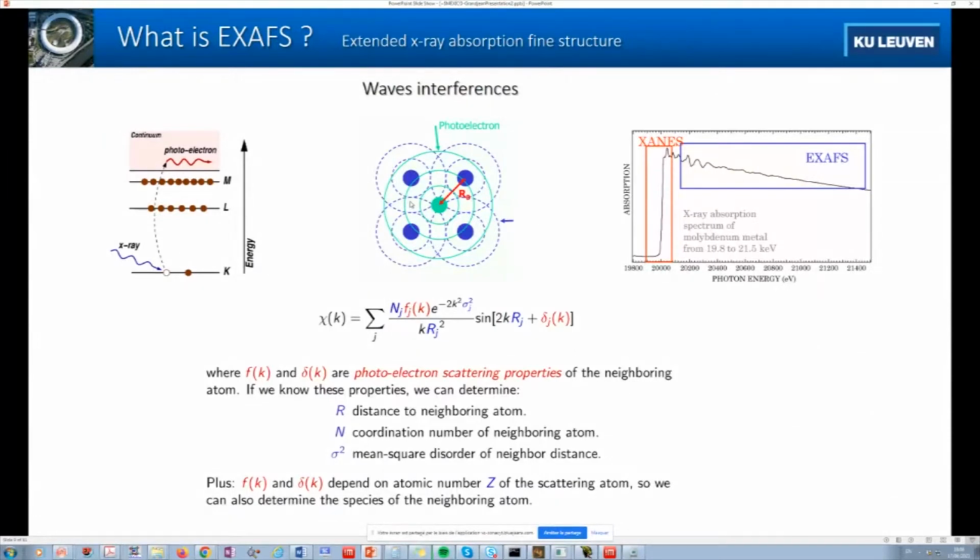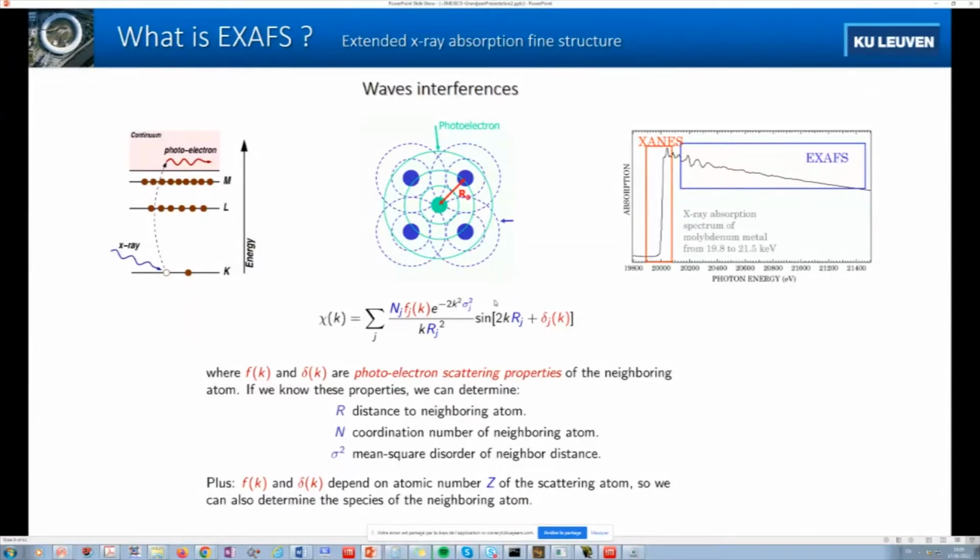So it's like a surface of water with some drops of water. You have a lot of waves going, and then you have a pattern of interference, which can be in phase or out of phase, and this is reflected in the variation as a function of energy. Each energy will give a different pattern, so you just have this variation here.